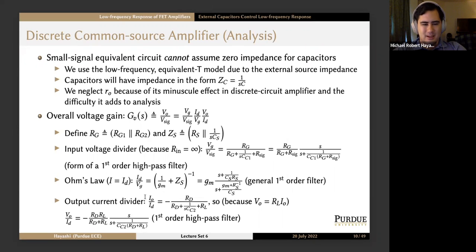And then in order to get VO from IO, you just multiply by an RL. So you'll get, when you simplify things out, negative RD RL over RD plus RL times quantity S over S plus 1 over CC2 RD plus RL. And this is another first order high pass filter.